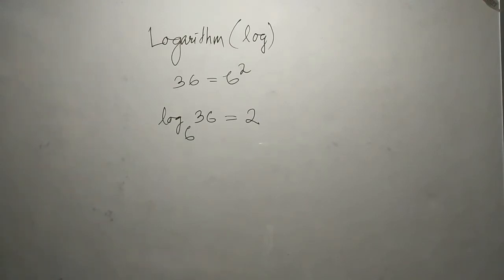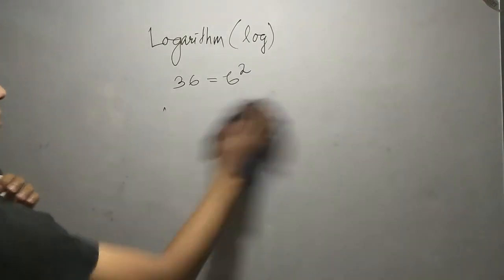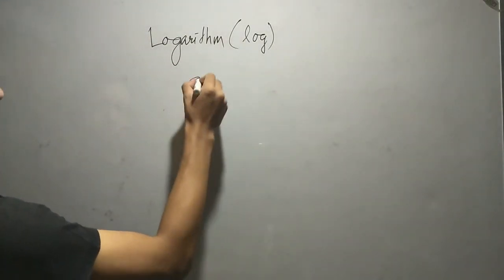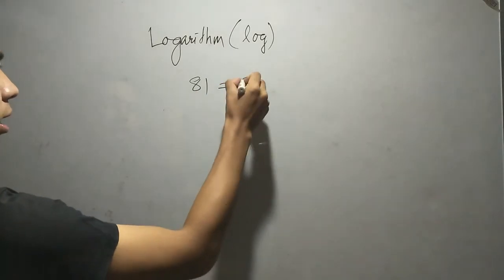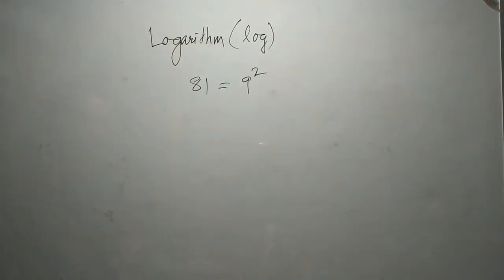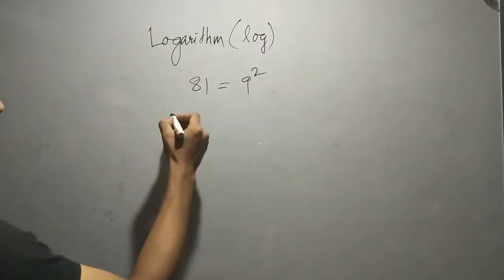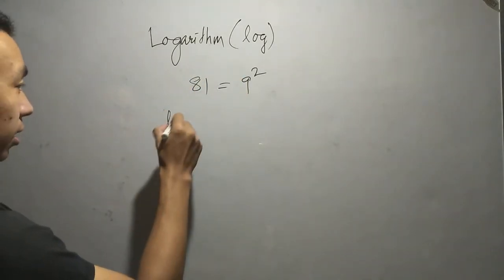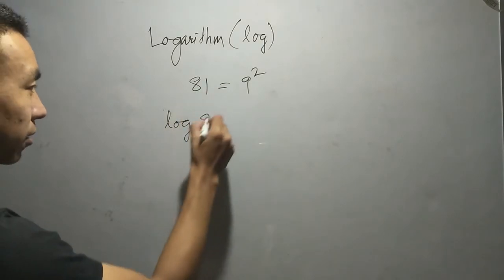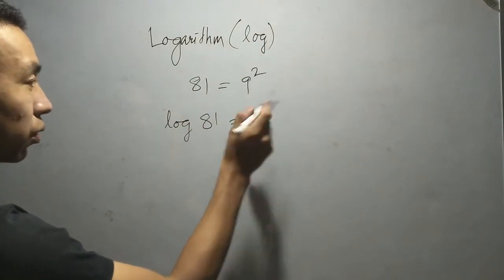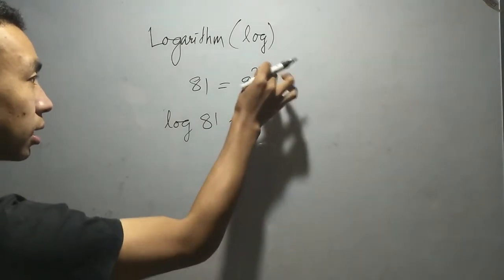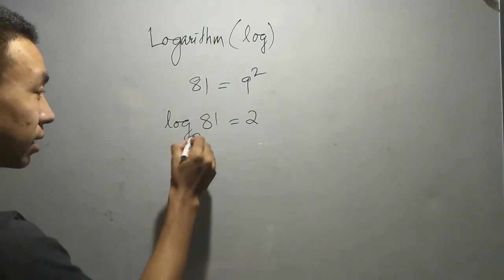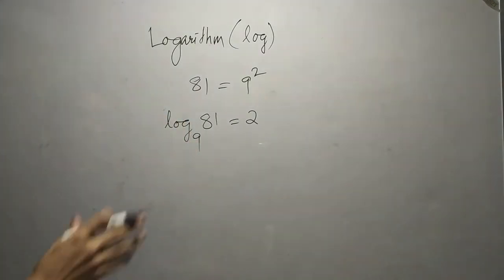Let us try out a few more examples. Suppose 81. 81 I can write as 9 square, isn't it? Now if I have to represent it in the form of logarithm, then I write log of 81 is 2, that is the power, and the base is 9.